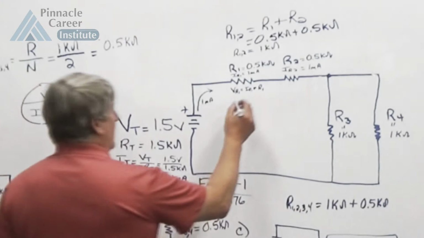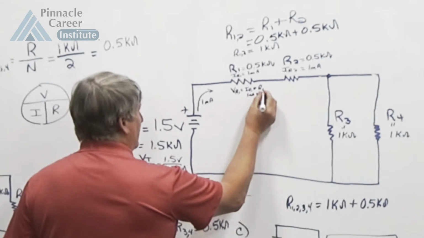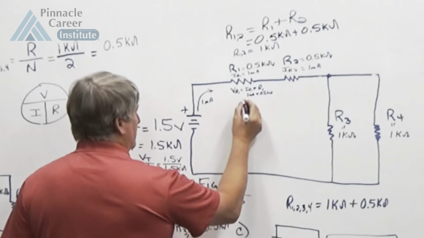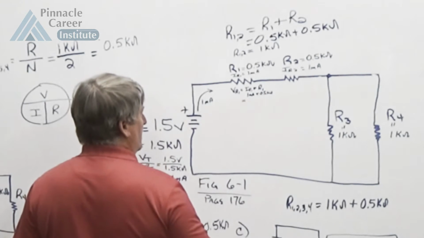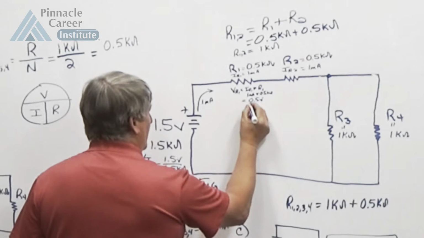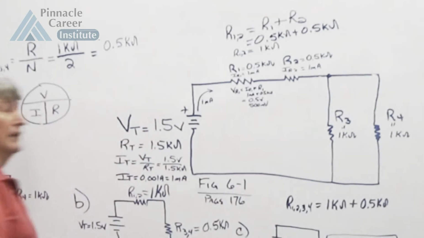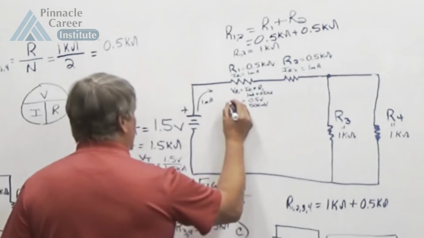And this is 1 milliamp times 0.5 k ohms, and that's just going to equal 0.5 volts or 500 millivolts. That's my VR1. That's my voltage drop on the first resistor.